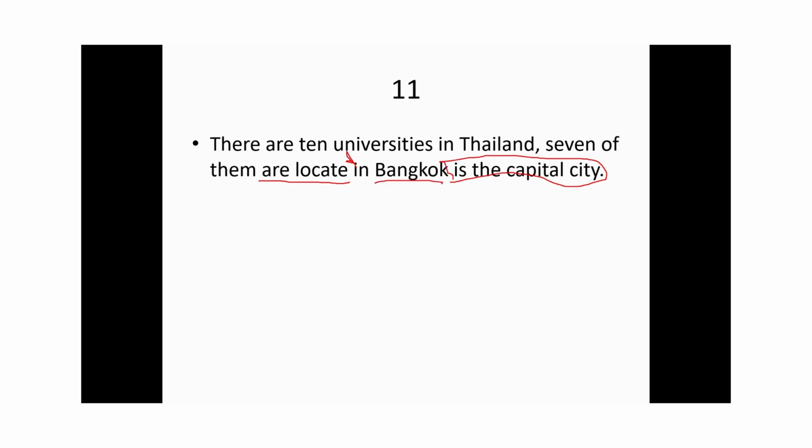First of all, after Bangkok, that's a proper noun, so I need a comma for what comes after. And I could say the full adjective clause, which is the capital city. Or I could get rid of which and is and just say Bangkok, comma, the capital city. Both ways are fine.